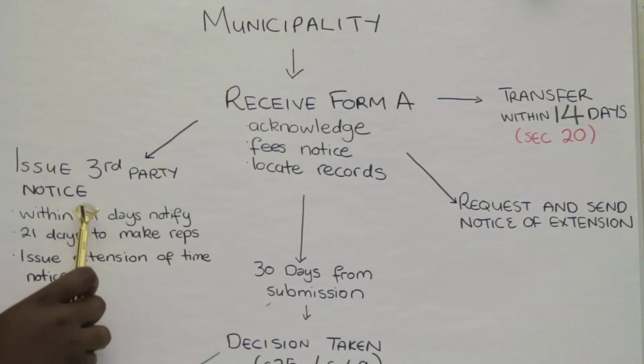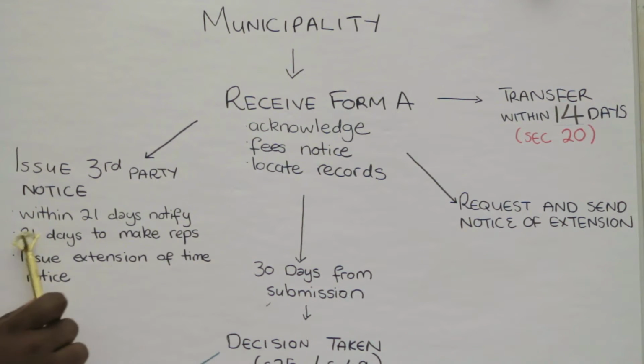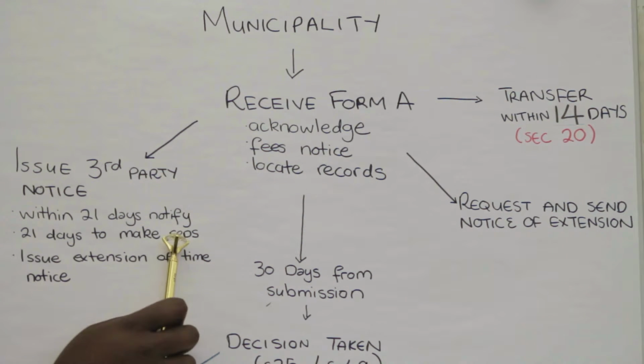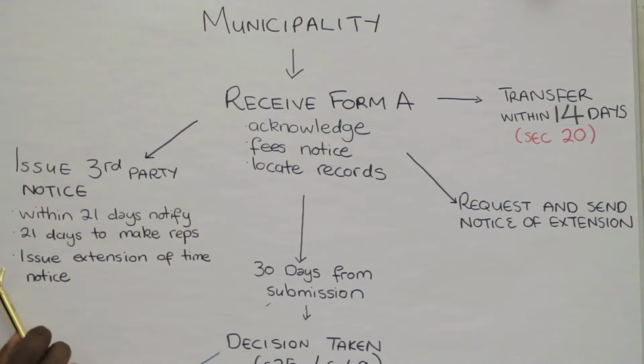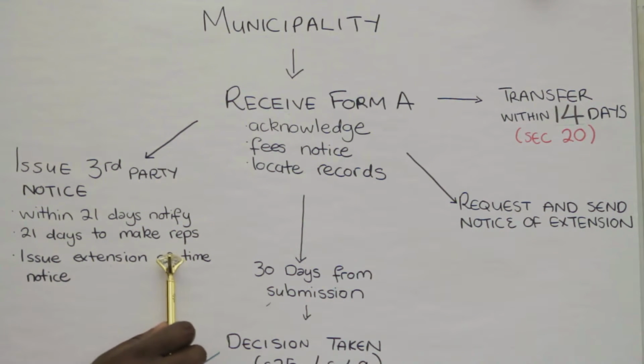Then the third party is afforded 21 days in which they can make representations as to whether they have any objections to the records being released to the requestee. If there is any issue of extension of time, then that extension of time must be communicated to the requester.